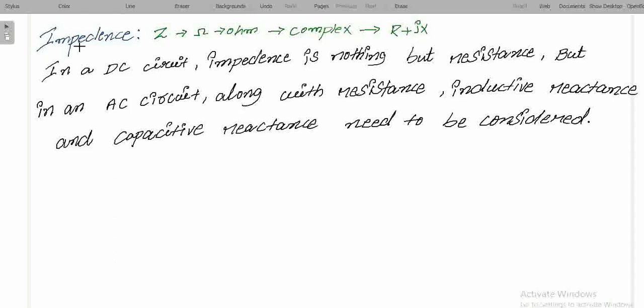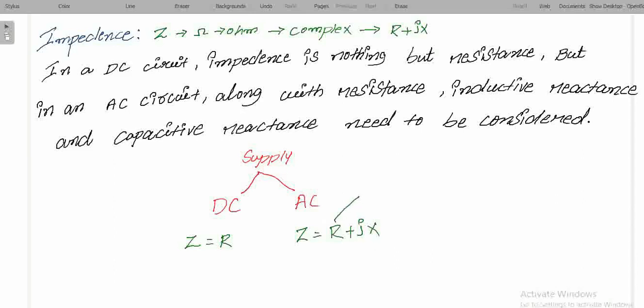So while discussing types of supplies, we have considered DC and AC type. For DC supply, the impedance is equal to resistance, and for AC, impedance is equal to resistance plus some reactance.